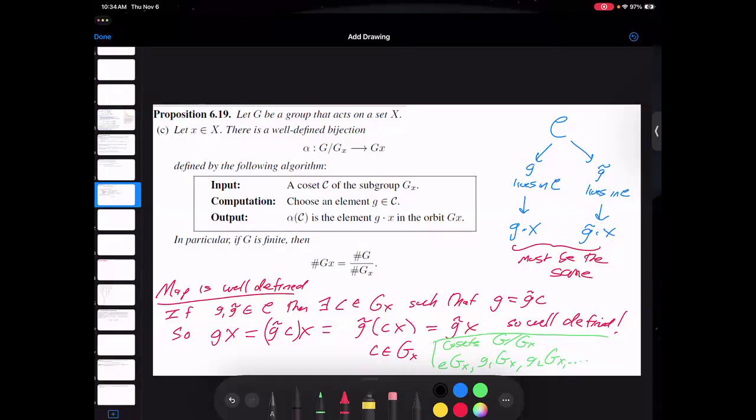If the limit doesn't exist, then you're in trouble, and you have to show no matter what path you take, you get something that's well defined. What we're saying here is I'm going to define a map, and no matter what element I choose in the coset, it's going to have the same effect when I apply it to X. So if I take two different things that are in the same coset, they have the same impact. This is in some sense where we're getting this notion from earlier in the proposition: we want an equivalence relation. Two elements are equivalent if they have the same properties for things we care about.